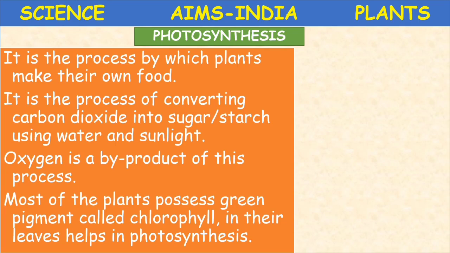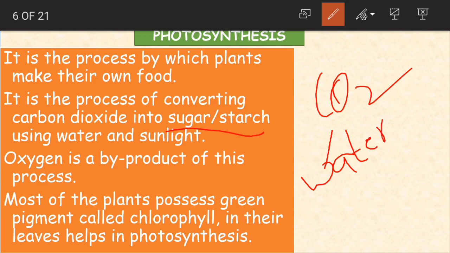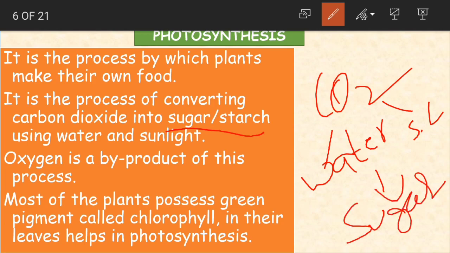Carbon dioxide, that is CO2, is converted into sugar or starch. How? Using water and sunlight. Carbon dioxide, by using water and sunlight, is producing what? Sugar or starch. That is nothing but our glucose.